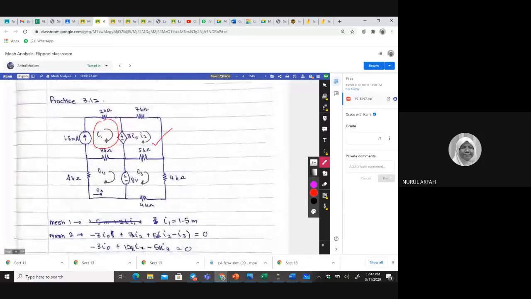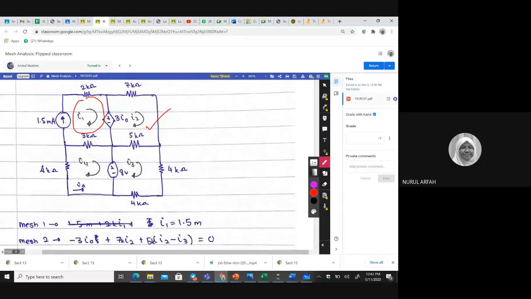Okay. If you watch my mesh analysis video, I mentioned to you, if you have a current source at the outer loop like this, you should not build up equation around this loop. Do not build up equation around the loop.